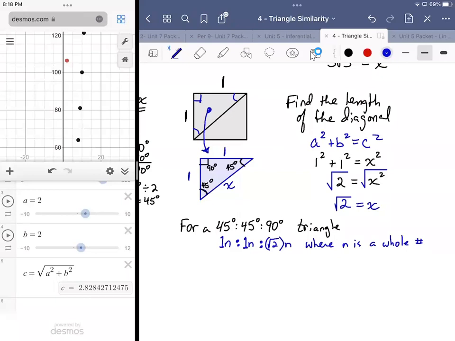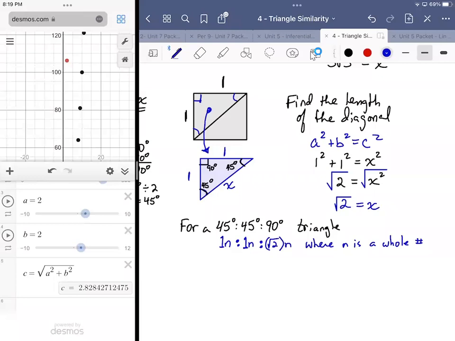So if n is a whole number, and by whole number, I mean anything bigger than 0, excluding decimals, like 1, 2, 3, 4, 5, 6, 7, 8, 9, all the way up to whatever reasonably large value you would have, it's going to work in the Pythagorean theorem. Like I said, you can include 0, but then you wouldn't have a figure.